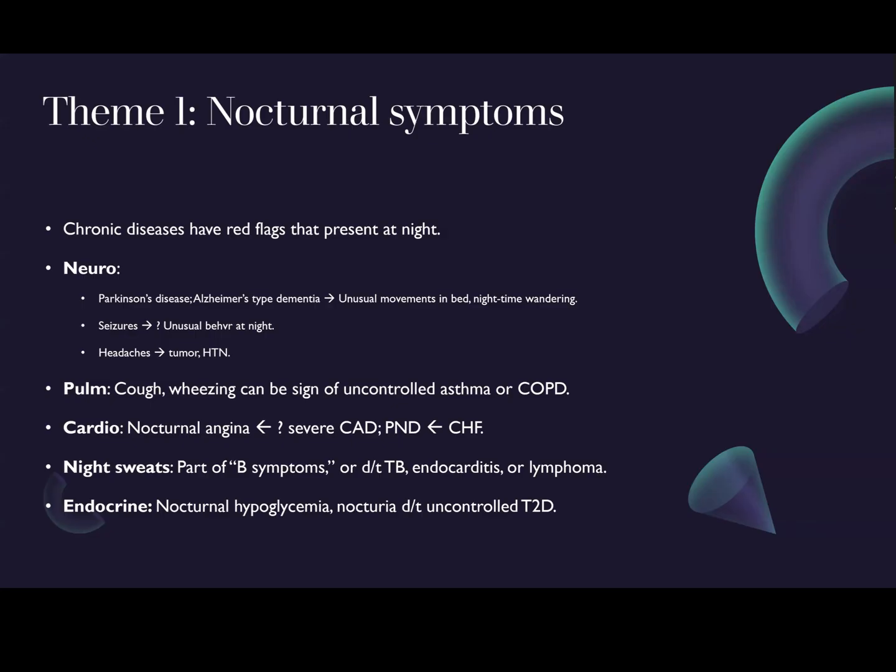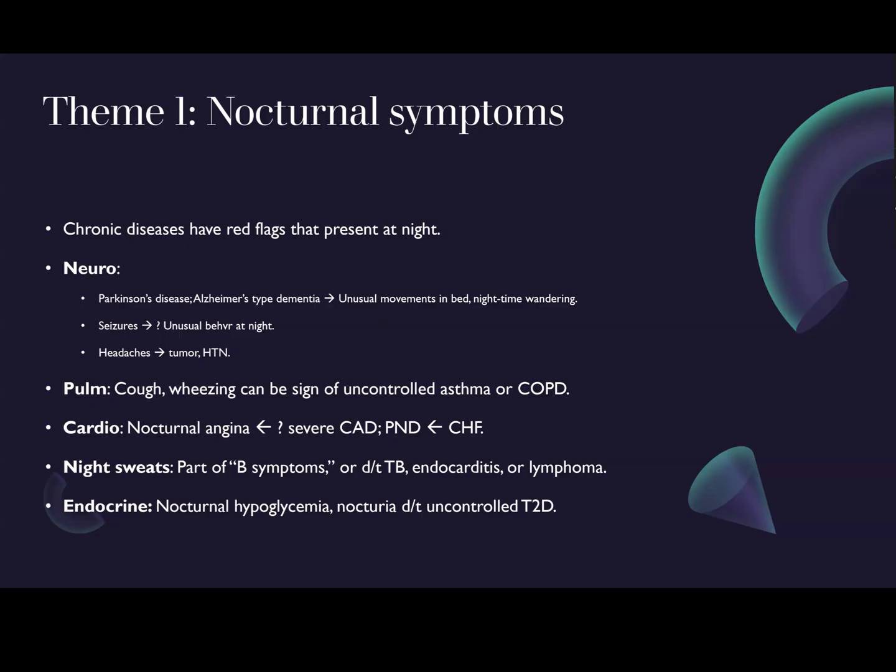So the first one we'll look at is neuro stuff, right? People who have neurological disorders, chronic disease that has to do with neuro, Parkinson's disease or Parkinsonism, alpha-synucleinopathies. We have the Alzheimer's type dementias in general.